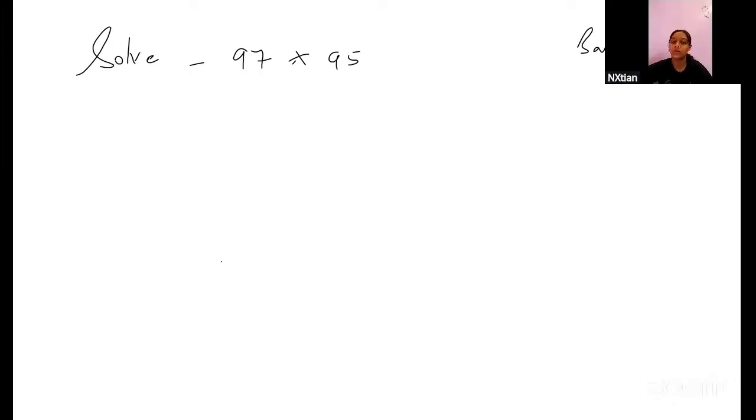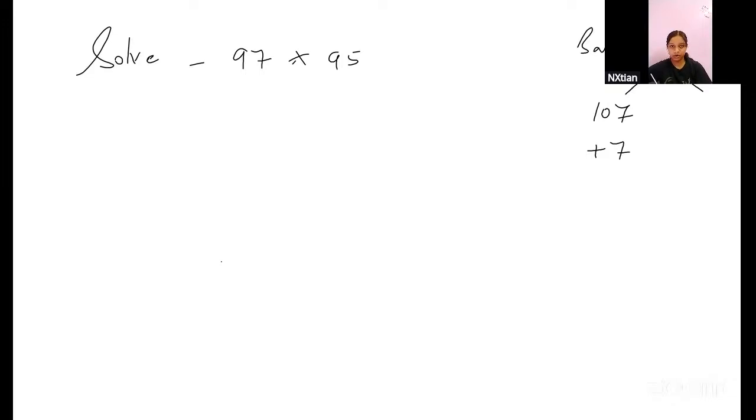Now I told you that sometimes when there is a number above 100, like 107, the deviation will be positive 7. But what about those numbers which are close to 100 but lesser than 100?